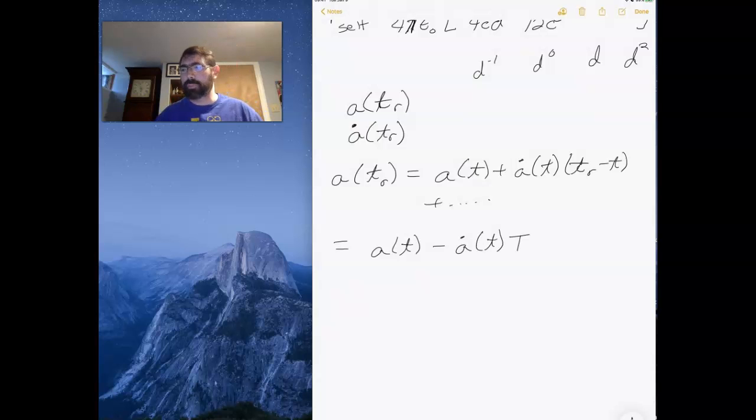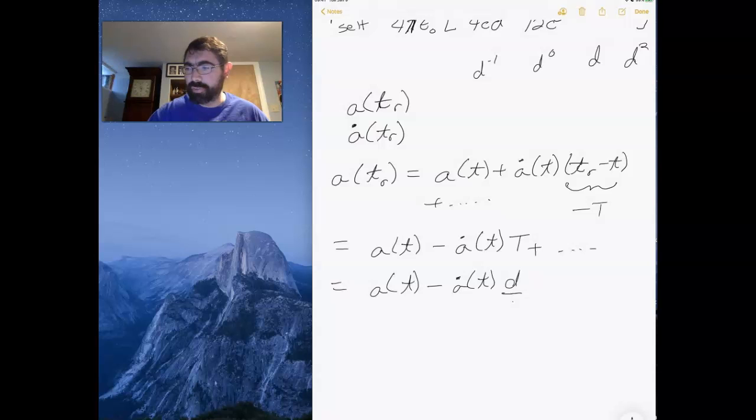So I get a minus sign because this is essentially minus t. So that's plus dot dot dot. And so this equals a t minus a t d over c, like so.